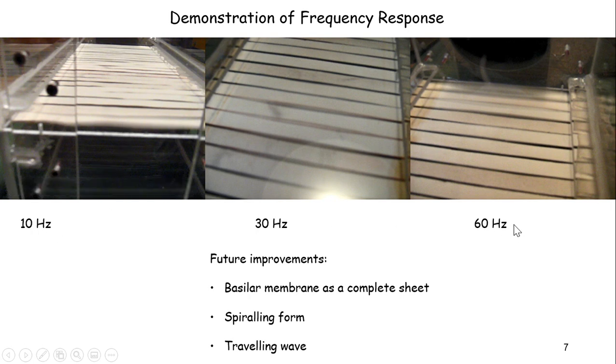What we think of is to use a complete sheet as the basilar membrane, as it is constructed in reality. And this complete sheet has then to show different stiffness along its length, as in reality. Another improvement is to change the form from linear to a spiraling form, as in reality.